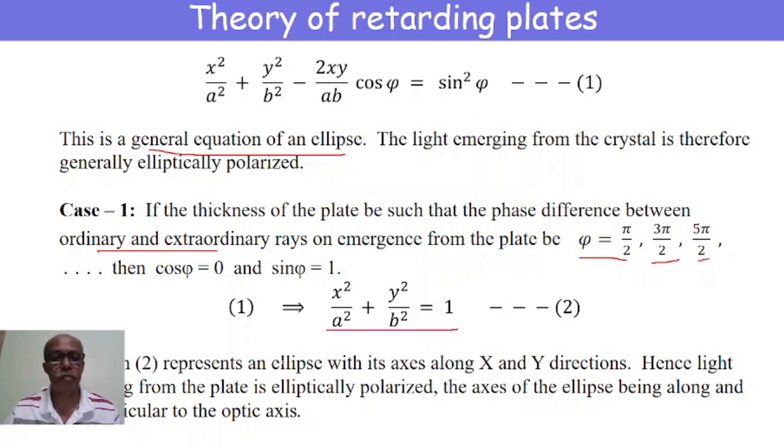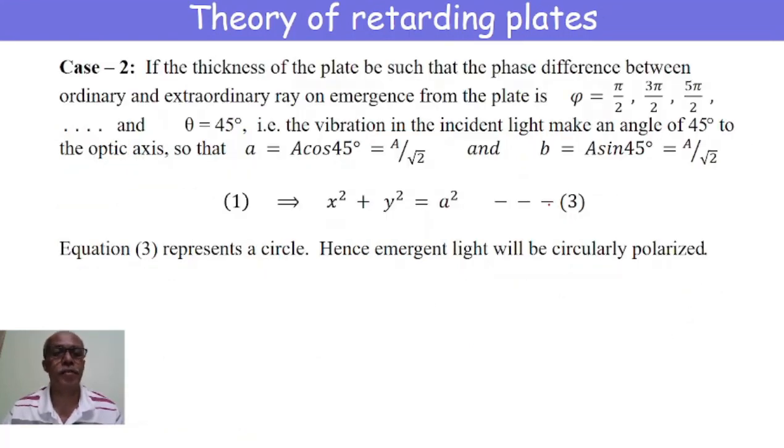This represents an ellipse. Equation 2 is an ellipse with its axes along the x and y directions. Hence, light emerging from the plate is elliptically polarized if the thickness of the crystal is such that it produces this phase difference.